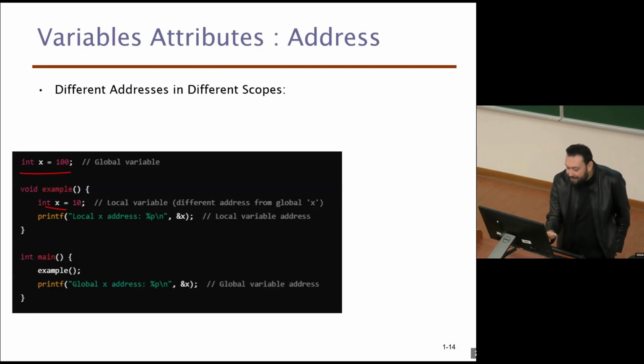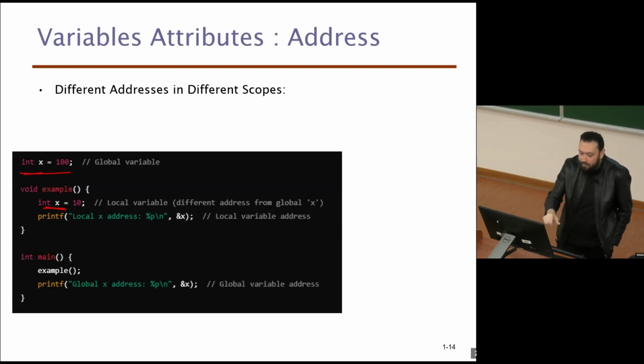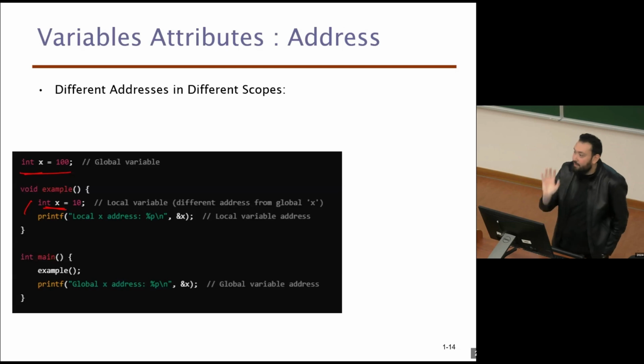That means if I have int x equal 10 and int x equal 100 in this example, maybe the compiler will fail because it's the same name. No. Why, Mateen? No. Local, you can name it. Exactly, because we just said local. When you enter this, you're going to do it and destroy it before even leaving.